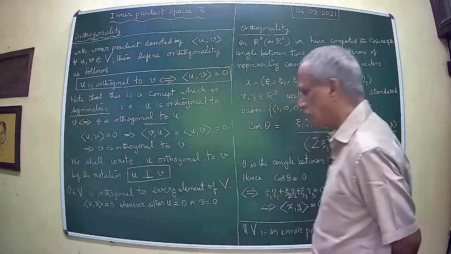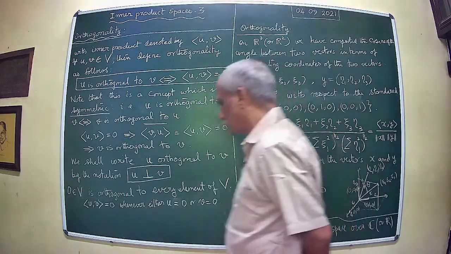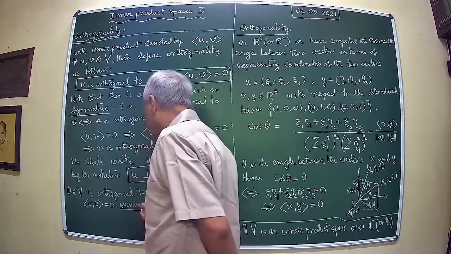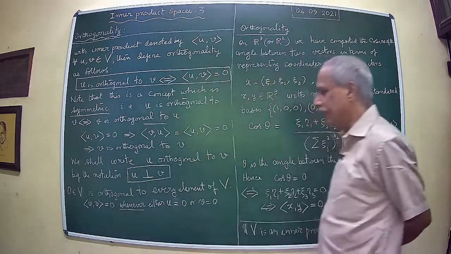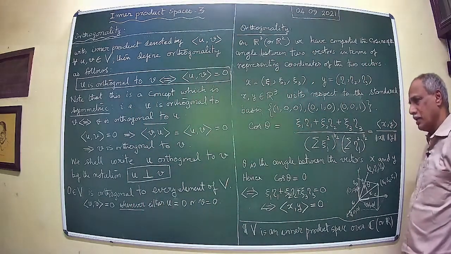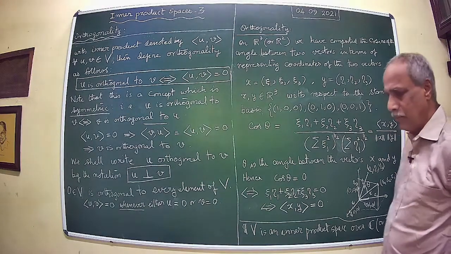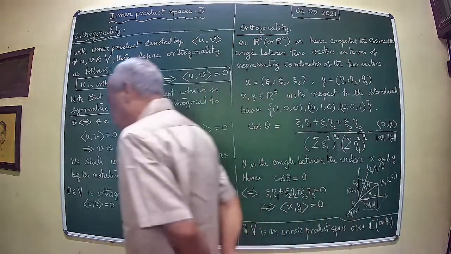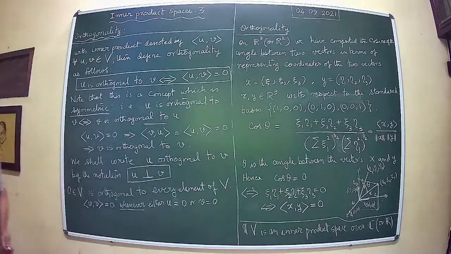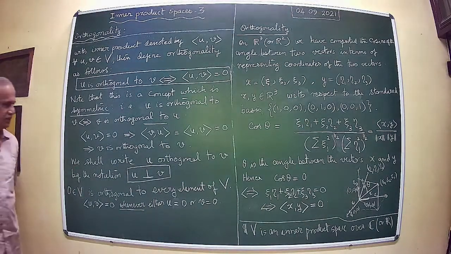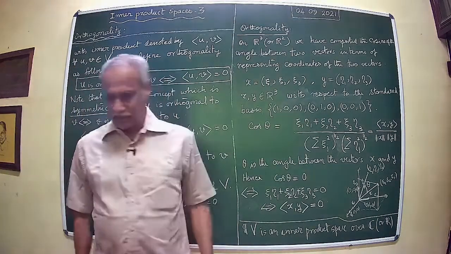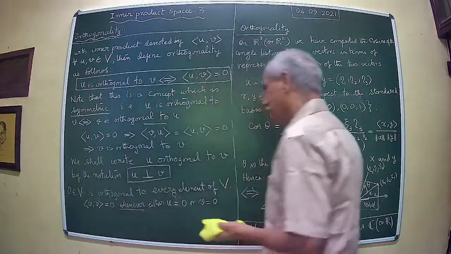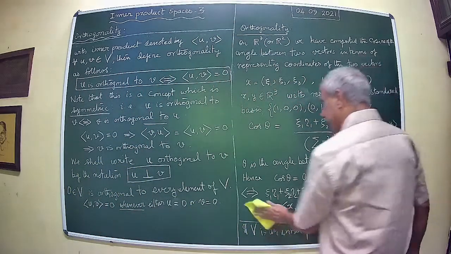It comes from that. Now you see that the inner product of u with v may be 0 even otherwise, even when u and v are not 0.